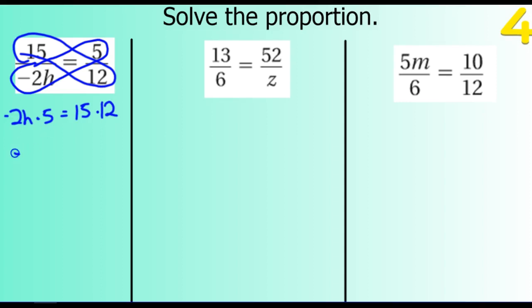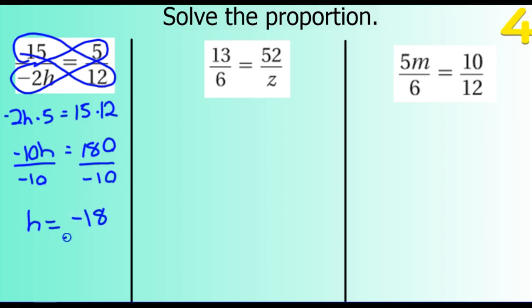Negative 2h times 5 is negative 10h equals 15 times 12, which gives us 180, divided by negative 10, and h equals negative 18.